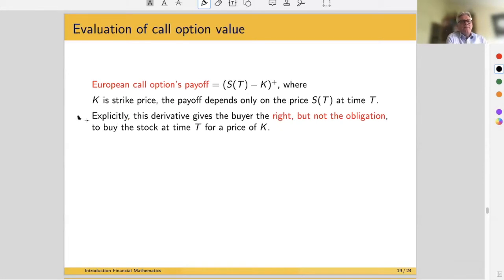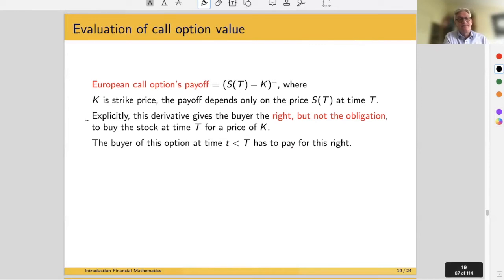So recalling, this call option gives the buyer of the option the right, but not the obligation to buy the stock at time T for a price K. That is the value at final time. The buyer, so the holder, the buyer is the holder, remember, the buyer of this option has to pay for this right.